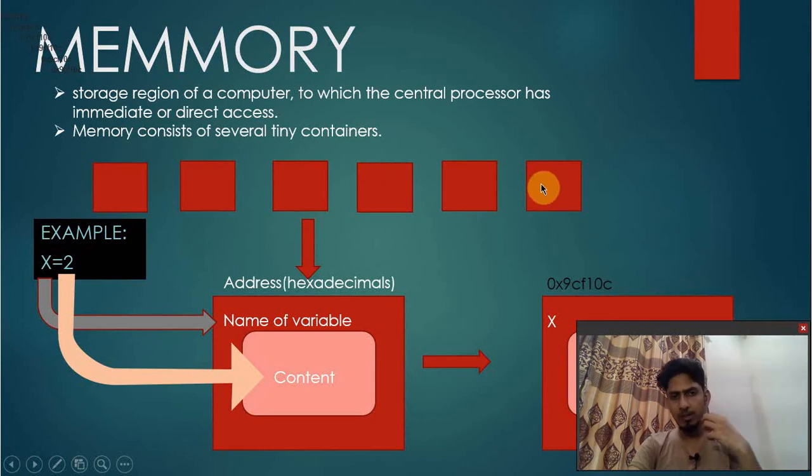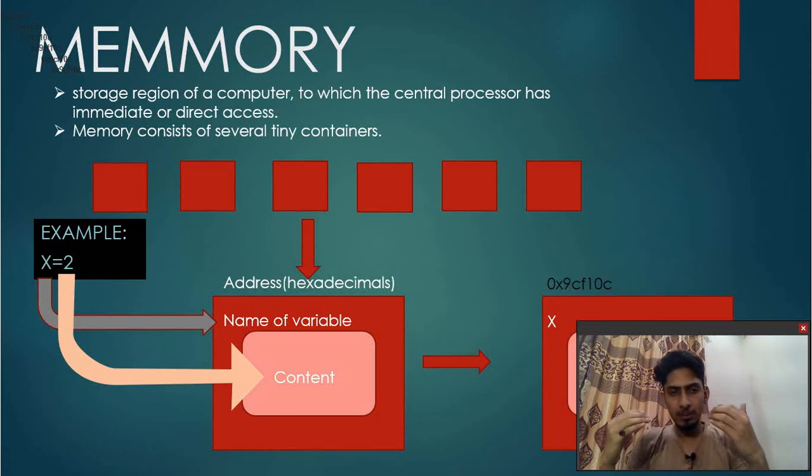If I assign a value to a variable, for example x is equal to 2, during this process I am requesting the computer to give me a container in the memory in which I can store the data, in which I can write the data, in which I can place something.